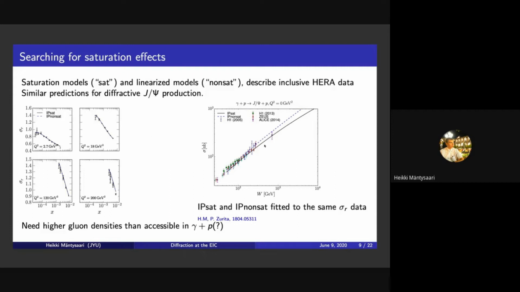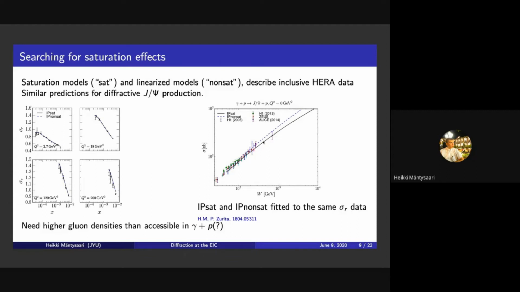Of course, there seems to be quite a large difference, but actually the energy evolution is very similar. You only have some overall normalization difference. In all these calculations, normalization is quite difficult to predict because it requires you to model the non-perturbative vector meson wave function. So you would really want to see some effects in the energy dependence, but those you don't really see even at LHC kinematics.